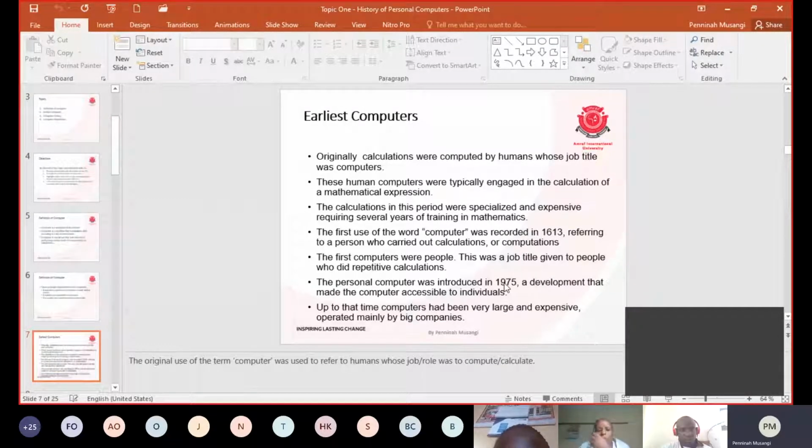The first use of the word computer was recorded in the year 1613. So it's not a new terminology, and it referred to a person who carried out calculations or computations. So the first computers were people, and this was a job title.